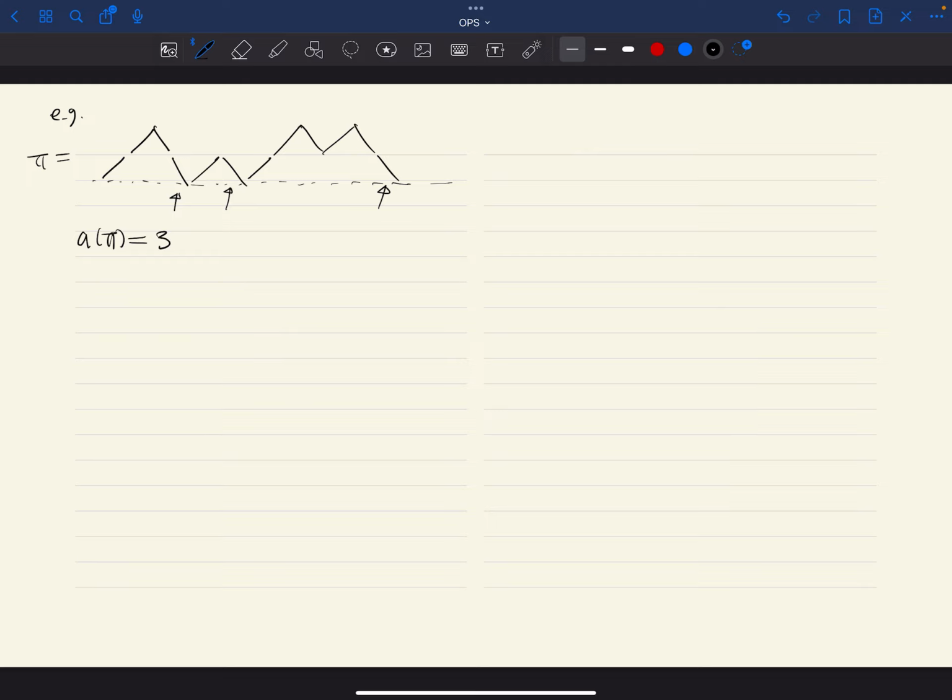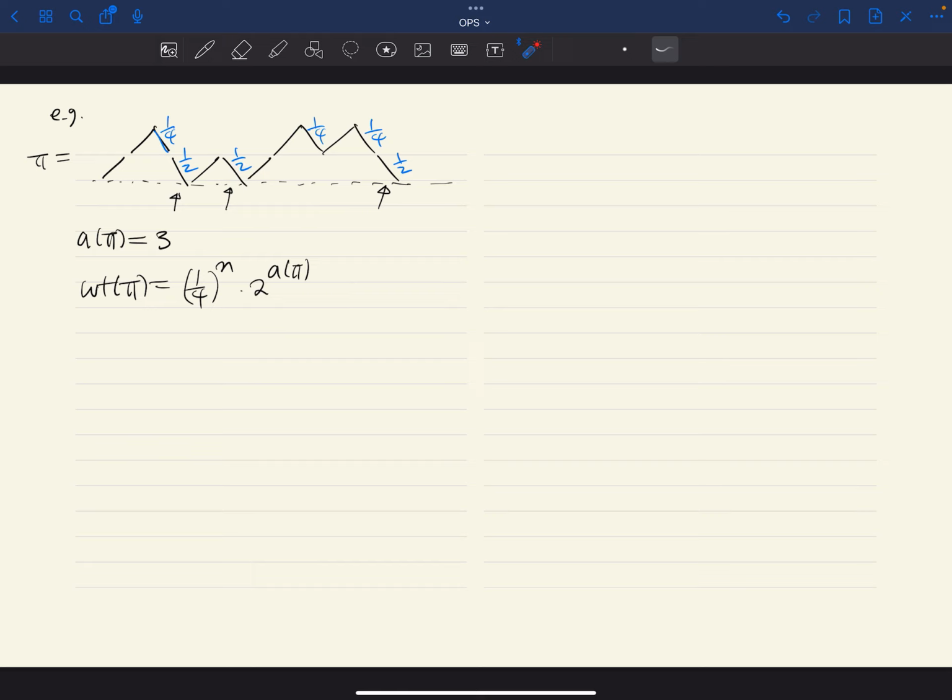So we must multiply 1 over 4 for this down step, and 1 over 2 for the down steps touching the x-axis, but other down steps have weight 1 over 4. And because we said this is 1 over 4 to the n, the number of down steps, we pretended they are all 1 over 4. So to compensate that, we have to multiply 2 to the a of pi, which is 3 in this case. Then we will have the exact weight, the correct weight.